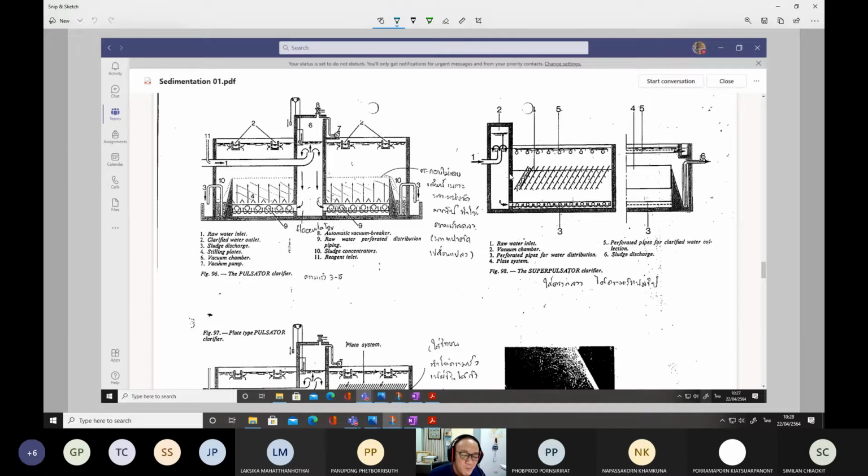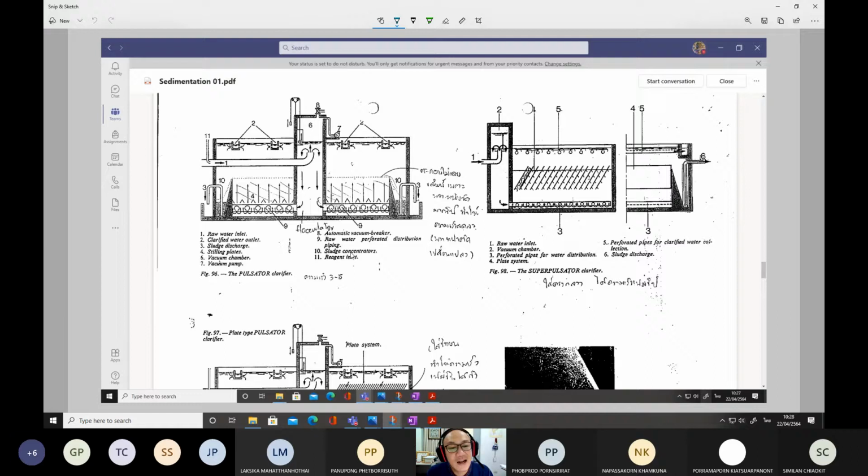Once all the small particles get into this zone, the fine particles will be captured by the old sludge, which we maintain inside the tank. This tank can be rectangular or circular, so it can be both.